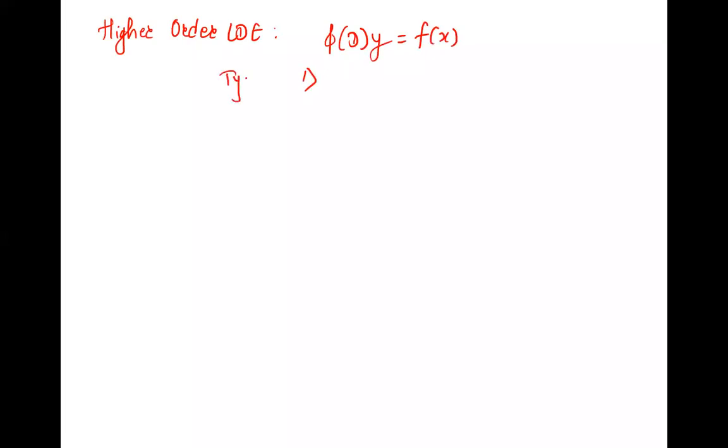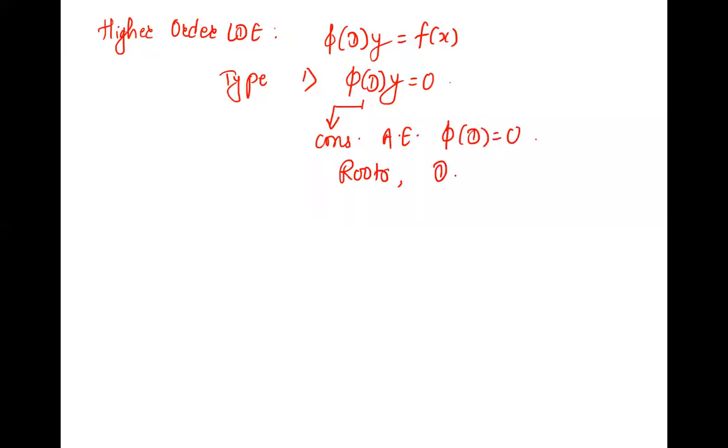Type 1: phi D y equal to 0. Yes, that is what we have started. To solve this, we have to consider the auxiliary equation, that is phi D equal to 0. Then we have to find the roots, the values of D, the solution.